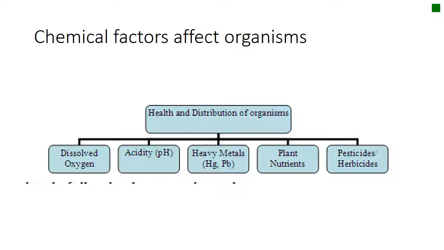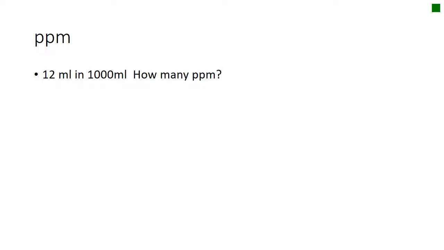Heavy metals like mercury and lead (Hg is mercury, Pb is lead) are again involved in biomagnification. Plant nutrients, pesticides, and herbicides are all factors that affect the amount of organisms that you're going to find in an aquatic environment.